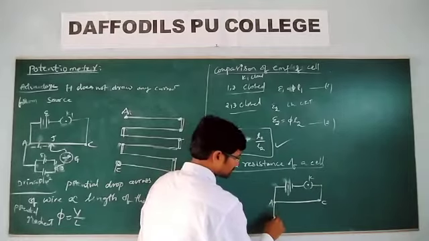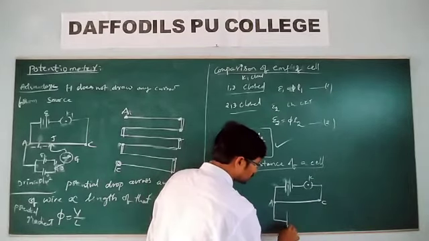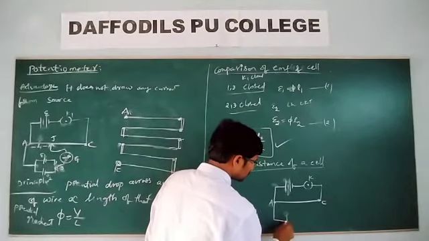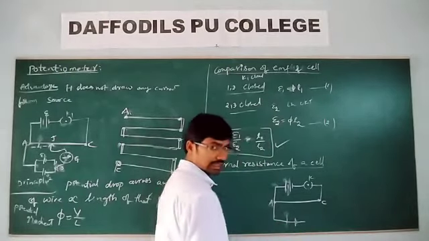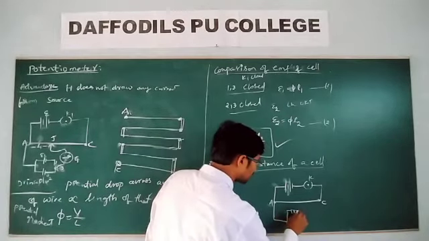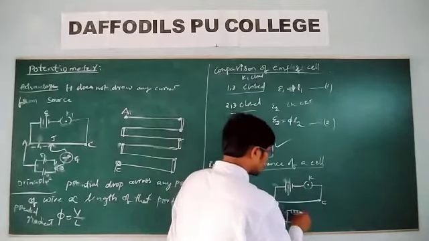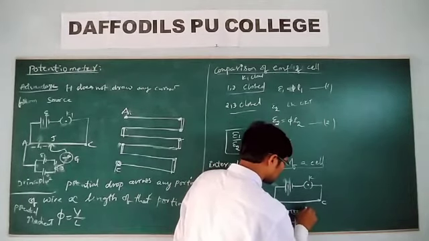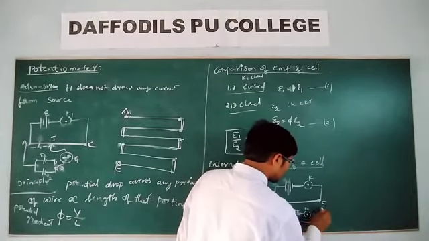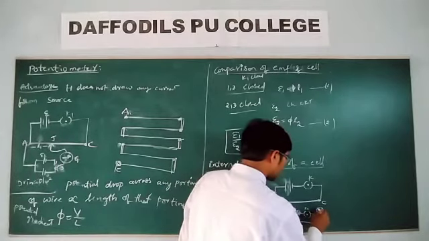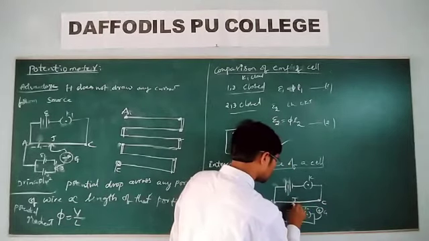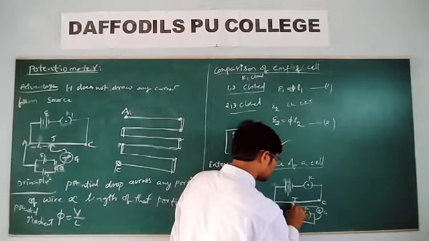The cell for which we have to find the EMF is taken, and from here we take a variable resistance box. Here we have K2, one more plug key. The other end of this is connected to the galvanometer, and through the galvanometer we connect the jockey.